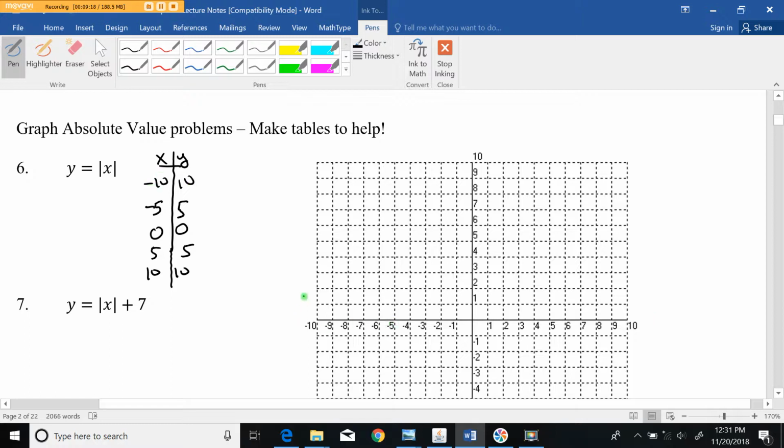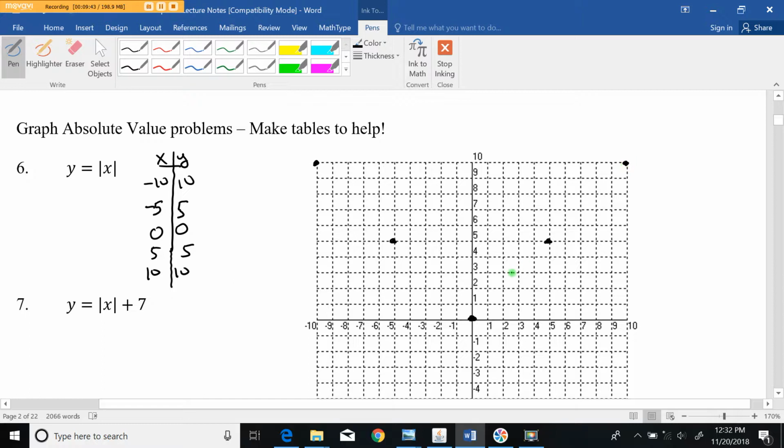Negative 10, 10. Negative 5, 5. 0, 0. 5, 5. 10, 10.